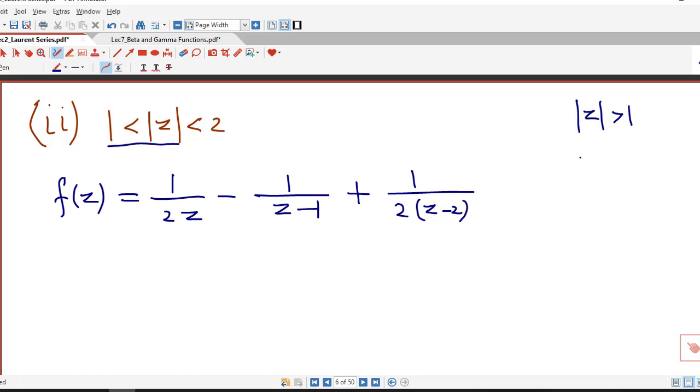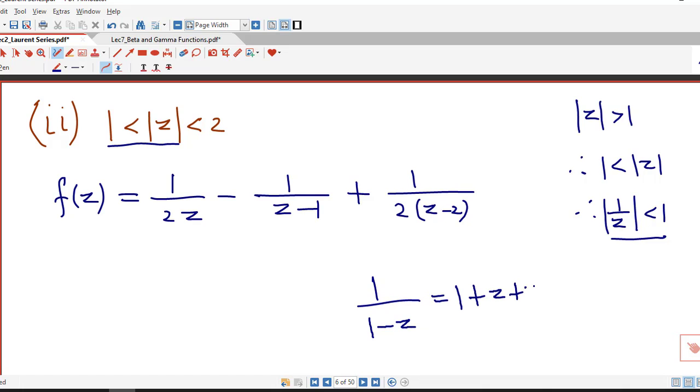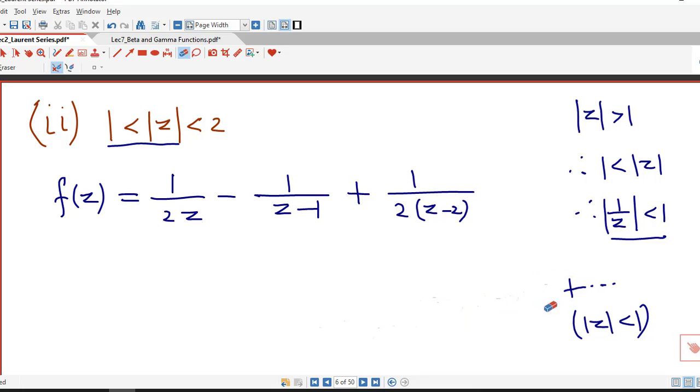So that means 1 is less than absolute value of z, or 1 by z has absolute value less than 1. So we have to be careful. We cannot use this series here, 1 over 1 minus z equal to 1 plus z square, and so on, because for this series we require absolute value of z less than 1. So this we cannot use in this region, because absolute value of z is bigger than 1.